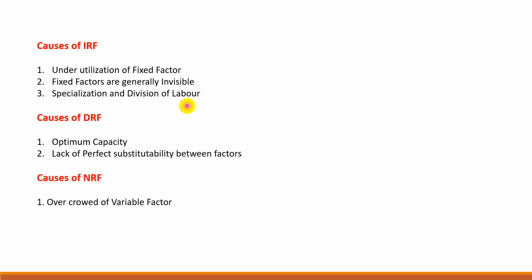The third reason for increasing returns to a factor is specialization and division of labor. Initially, there was only one labor working for the entire amount of capital, that is 1 lakh.